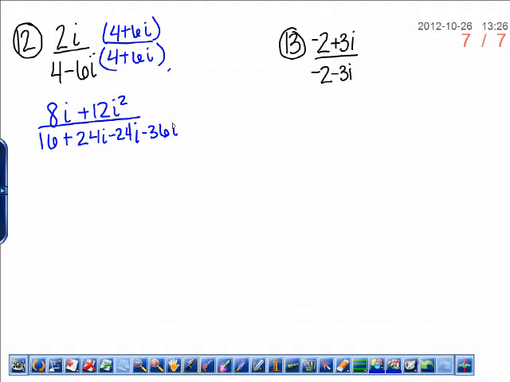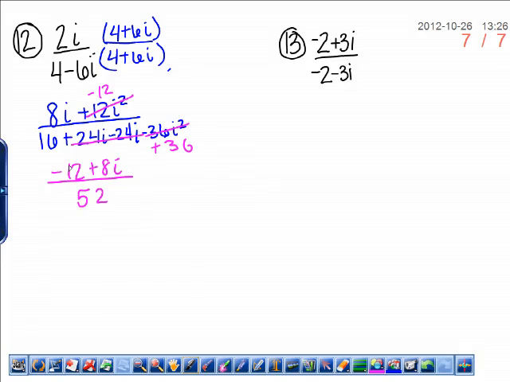My numerator turns into minus 12, so this is negative 12 plus 8i, and the denominator is 16 plus 36, so this is going to be over 52.